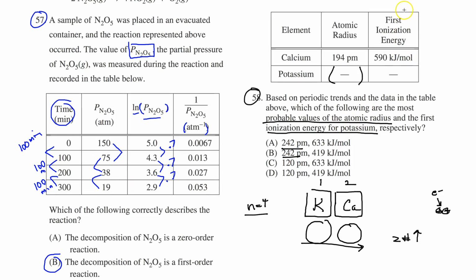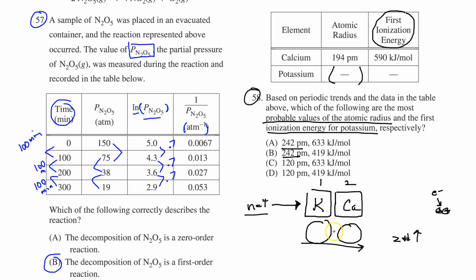Now, first ionization energy is the energy to remove the first electron. Since potassium has one less proton in the same energy level, in the same distance, essentially, because N equals 4 quantifies or indexes size, so electrons are about the same distance, the same size orbitals, but being that potassium has one less proton, its orbitals are kind of bigger in that energy level. I should say really N equals 4, they have the same number of internal shells of electrons, but the distance is different because of the different number of protons.